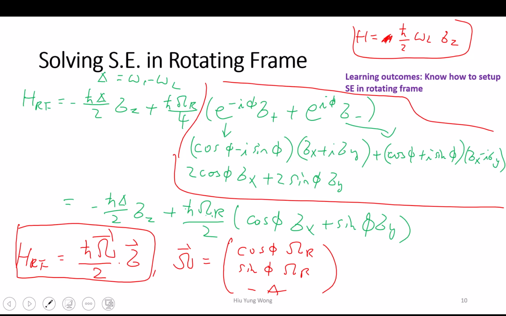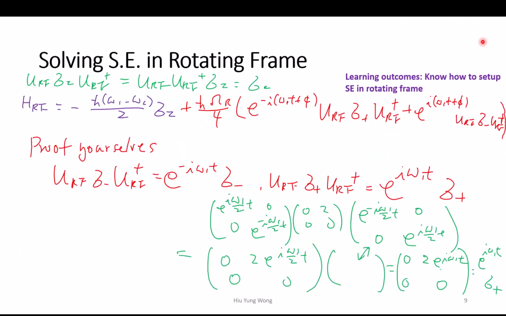Professor, could you put up the previous slide? Shift the matrix on the top. Shift, you mean this one? Okay, I swap them. Because, look at this, what is U_RF dagger? It equals e to the power negative i omega 1 divided by 2 sigma z.